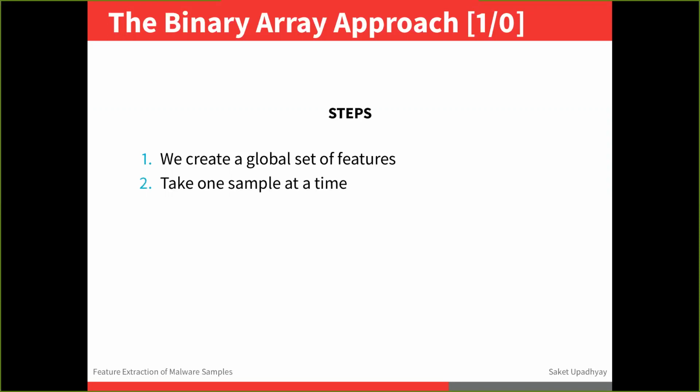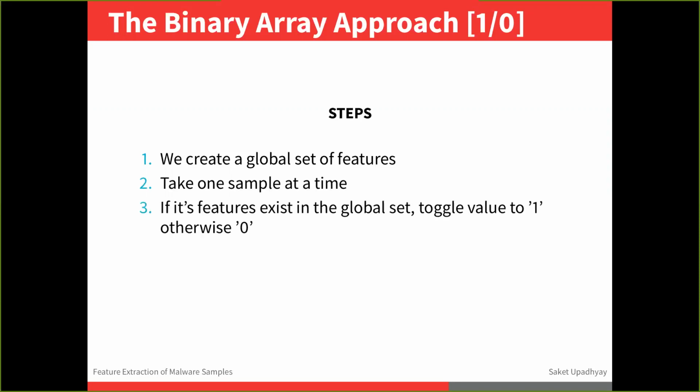Then we take one sample at a time and check whether its properties are present in the global list of features. If present, we toggle the value to 1, otherwise to 0. This tells our program that the specific malware, say M, has properties like the 4th, 5th, and 6th, and the benign application, say B, has the 1st and 2nd properties.